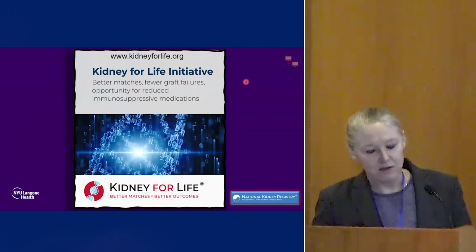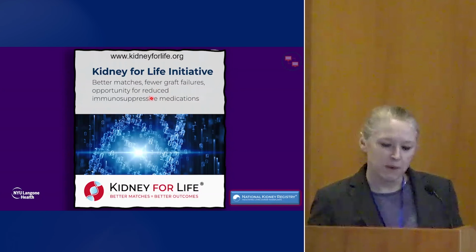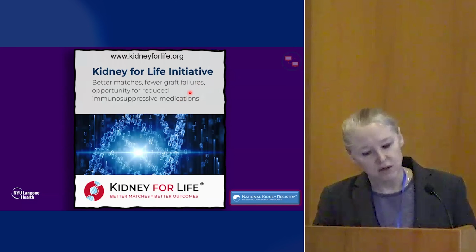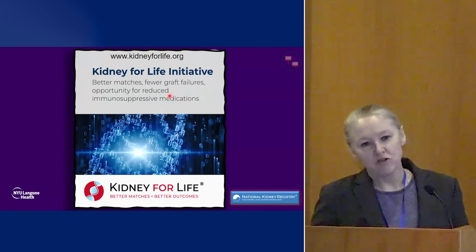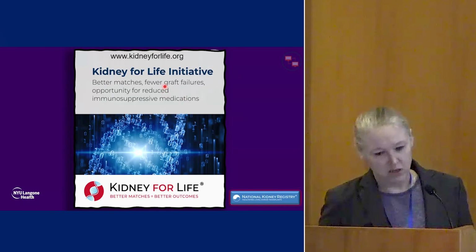And so that is the foundation of the Kidney for Life initiative, where living donor and recipient pairs, who are willing to go into this exchange registry, not just to get a compatible donor, but to get the best matched donor, are doing so.